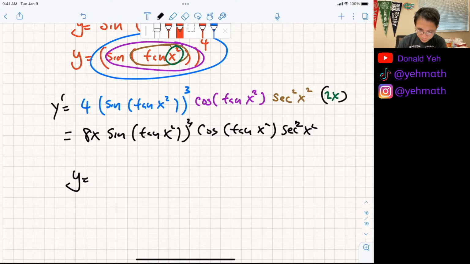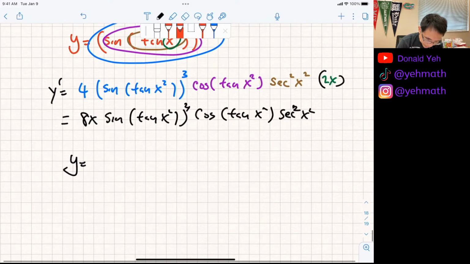Isn't it just secant of x squared? Okay, so the derivative of tan is secant squared of x squared. The x squared is still intact. We haven't taken the derivative of x squared yet. And then we're going to multiply by the derivative of the x squared, because that's the innermost layer. Does that make sense?